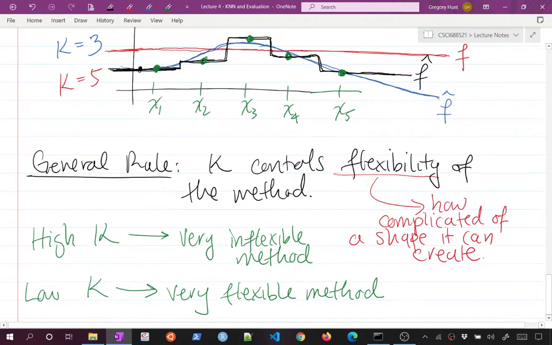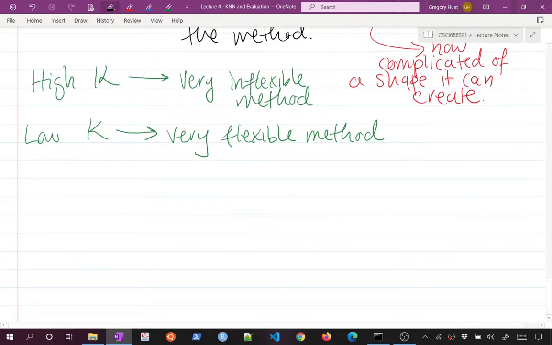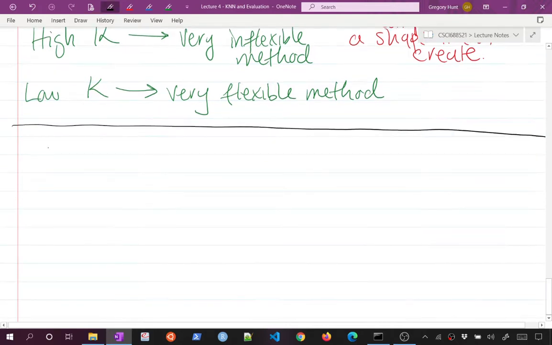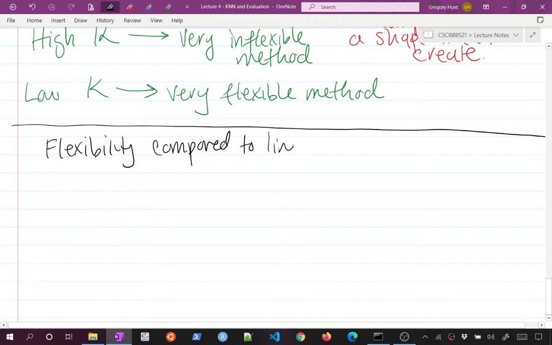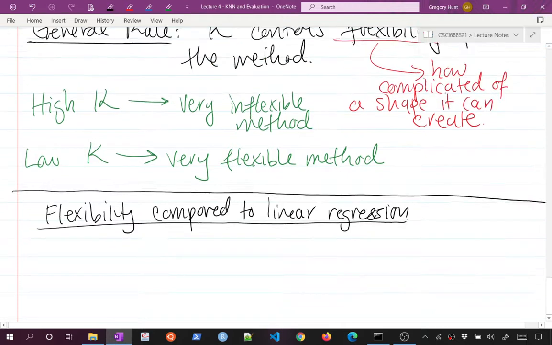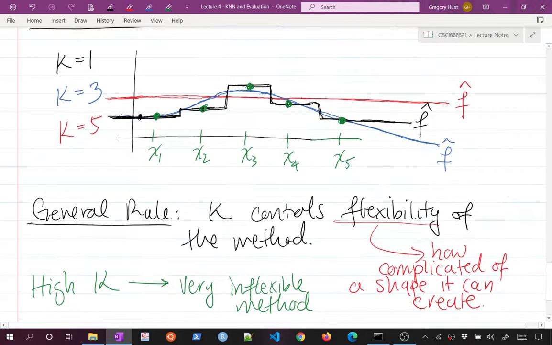So in some ways, unlike linear regression, we'll talk a little more about how we can get more flexibility out of linear regression. Well, let's talk about that now. So let's talk about this as compared to linear regression. In some ways, this KNN method is more flexible.